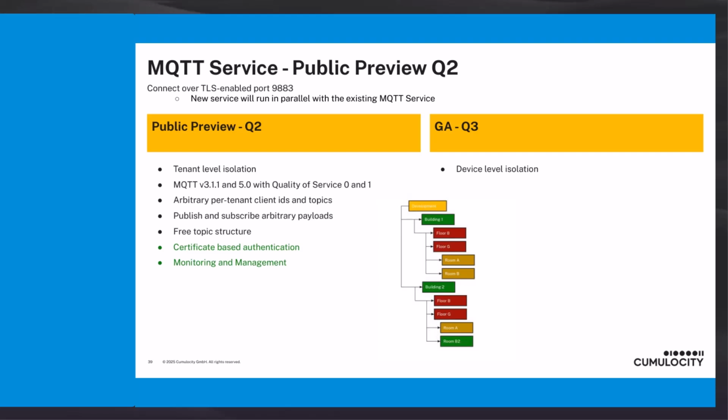You can decide how you want to reason about your data and how you want to structure how your data comes in from your MQTT devices, so that it completely matches what you want to achieve as a business. And that will be available to you as part of the public preview.